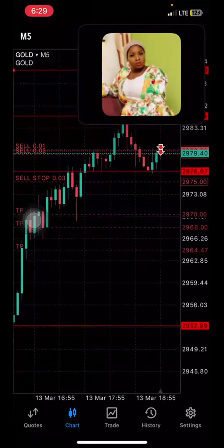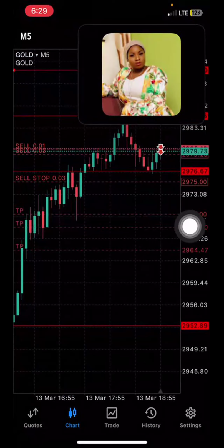But because I took 0.02 instead of 0.01, if it hits 29.68, which is here, how much am I going to make from this trade?